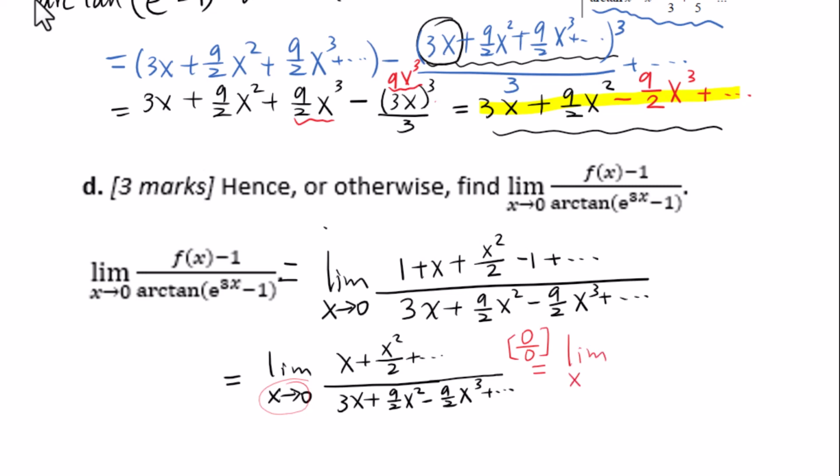The limit as x approaches 0 of 1 plus x over the denominator 3 plus 9x minus 27 over 2 x squared, and so on. Then we plug x equals 0 into this rational function, and we will get 1 over 3.